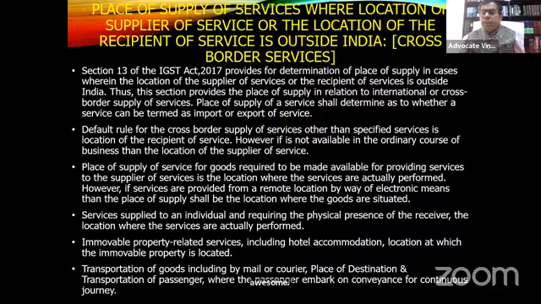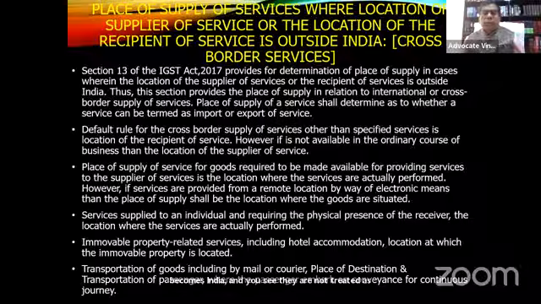Now, these two provisions ensure that if the place of performance is in India, then the place of supply becomes India, and they are not treated as export of service. They will be treated as an intra-state transaction where the services are actually performed, because normally the location of the supplier will be in the same state.